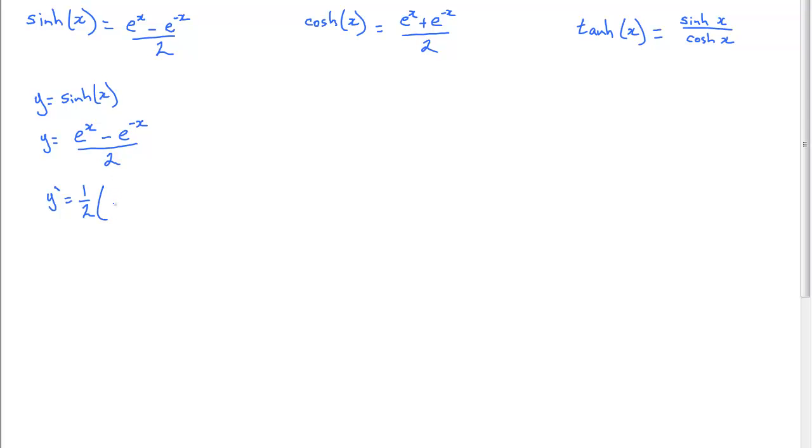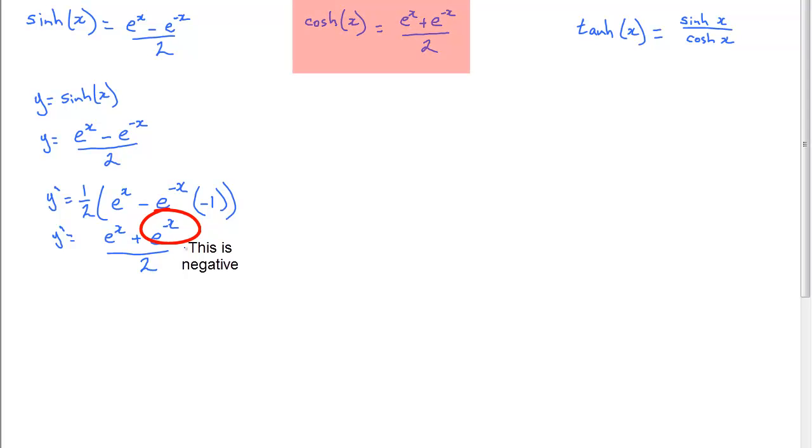The derivative of e to the x is e to the x, minus the derivative of e to the minus x, which is e to the minus x times the derivative of minus x, which is minus 1. If we simplify, we end up with e to the x, minus and minus gives plus e to the minus x, all over 2.